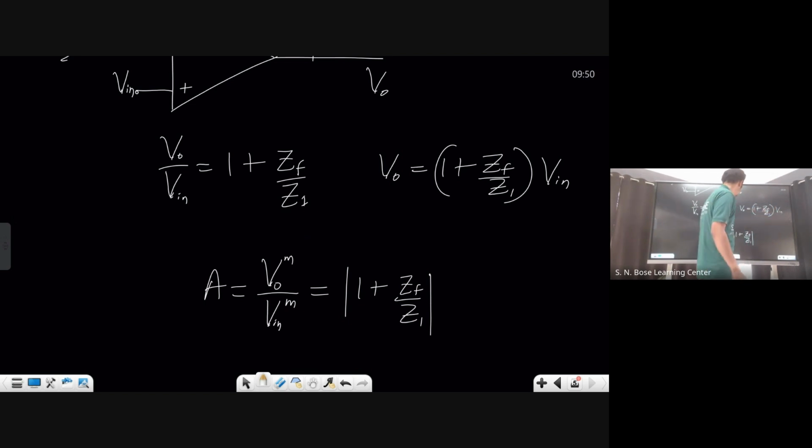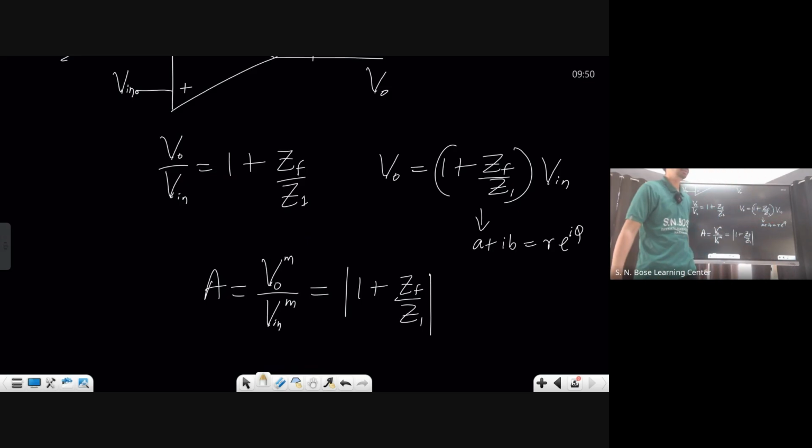Phase relations are given by this. So you just have to write the Argand representation of this, A plus iB, R e^(i phi). Then that phi will decide, if you take V in along the real axis, where V naught is. We need only phi. See this one, or sometimes gain related questions are there.